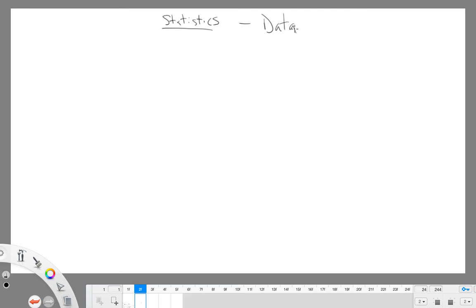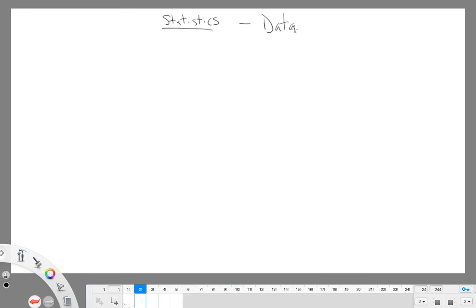I'm not going to go too deeply into these topics, but I just want to give you enough that if you see this in the future, you will have a bit of an understanding. But I also encourage you, if you are interested in science, to take a stats class at some point because it is the way that we analyze our data in our experiments.